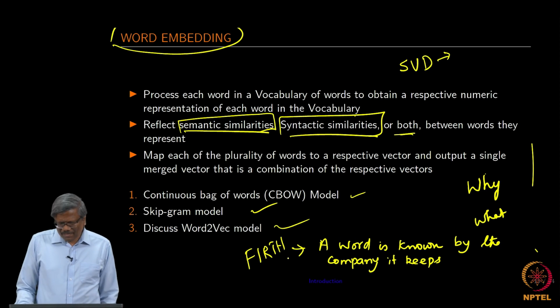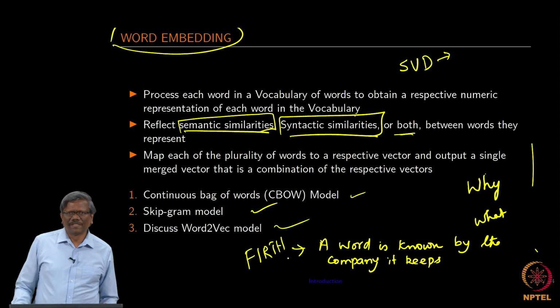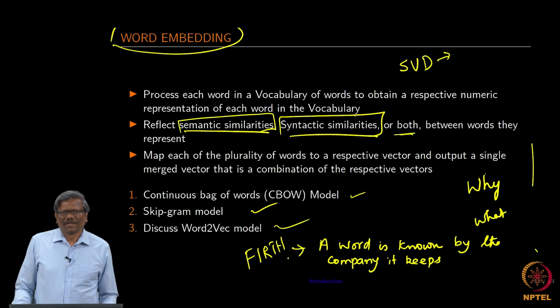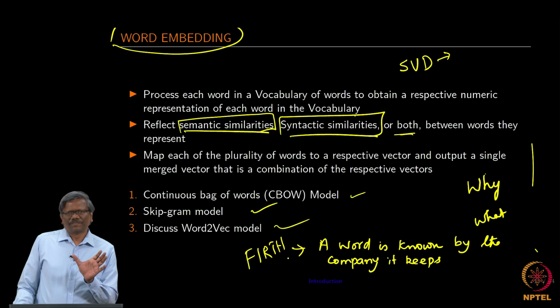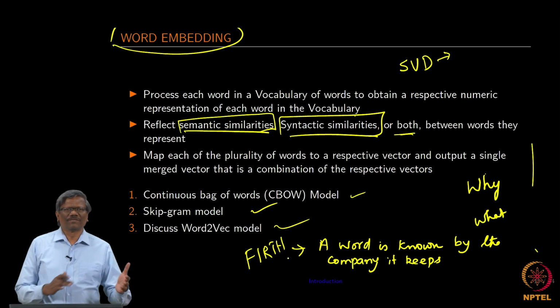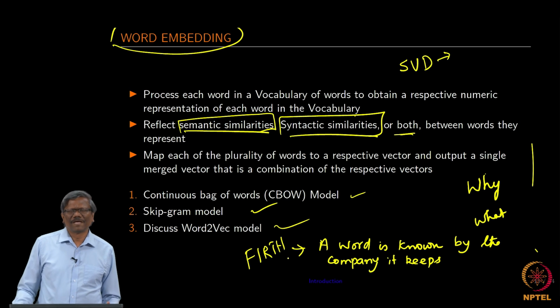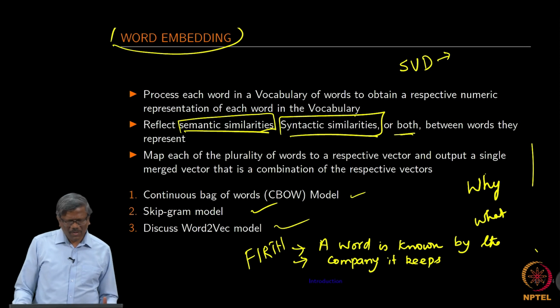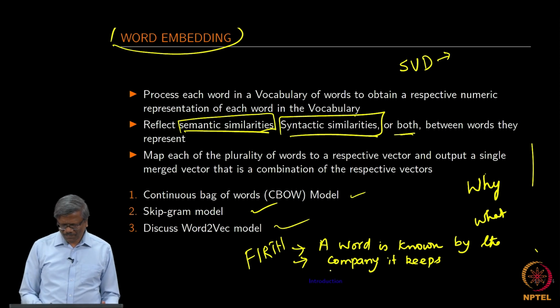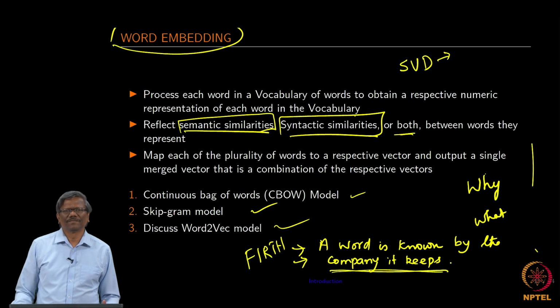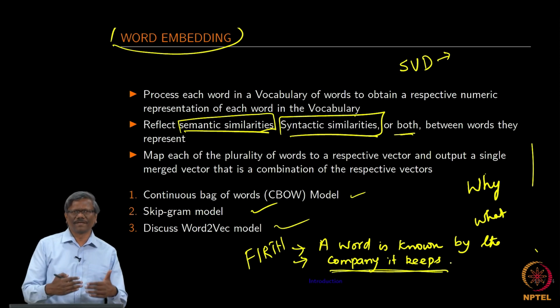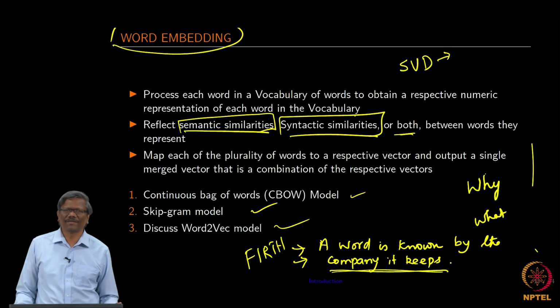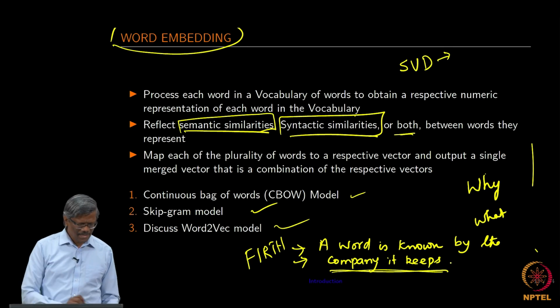That means the word always has certain contextual words surrounding that, and if the context words are the same, but the central word is a little different, then we can say that those two words are somewhat similar in the semantic way. So, that is exactly what he means, and the neural net model exactly captures these patterns in certain fashion, and then the word embeddings are created, or the dense vectors are created, which we can use for later applications.